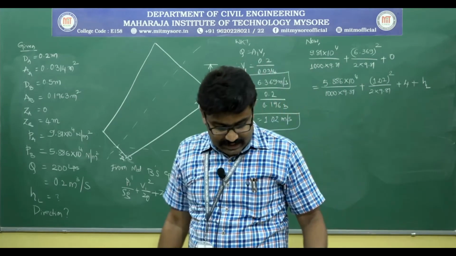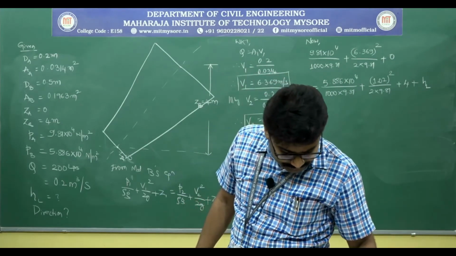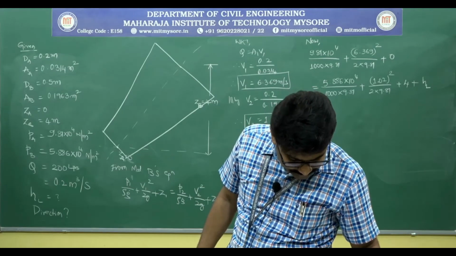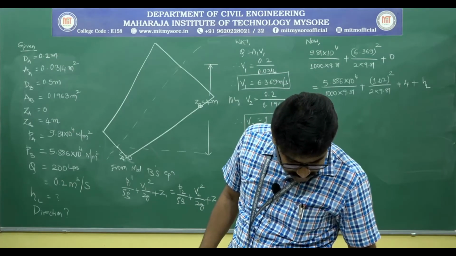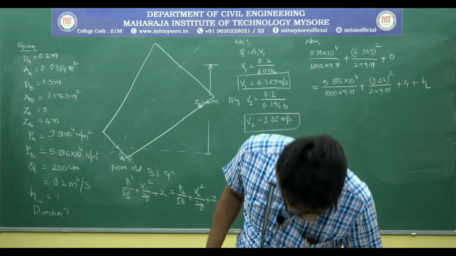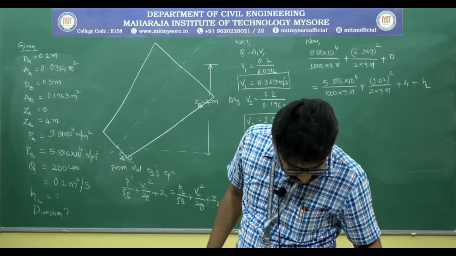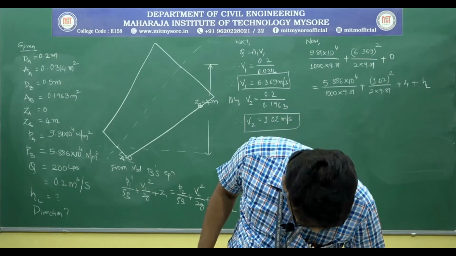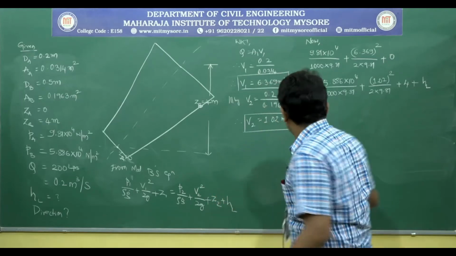So apart from HL, we have the total energy at A, 13.832.